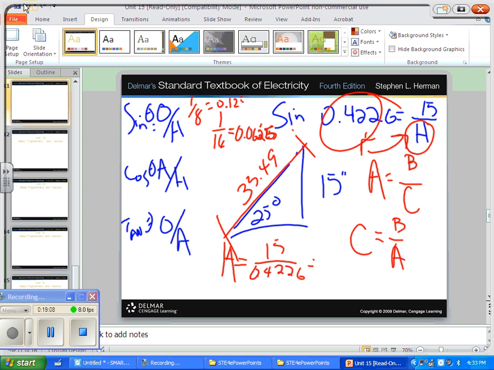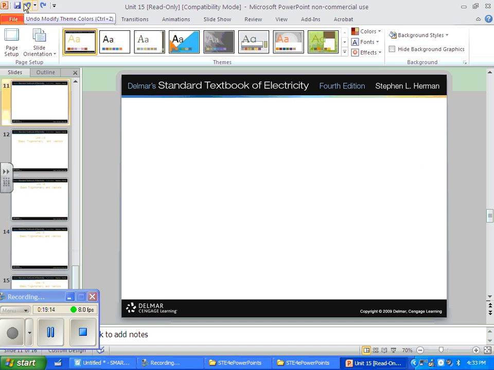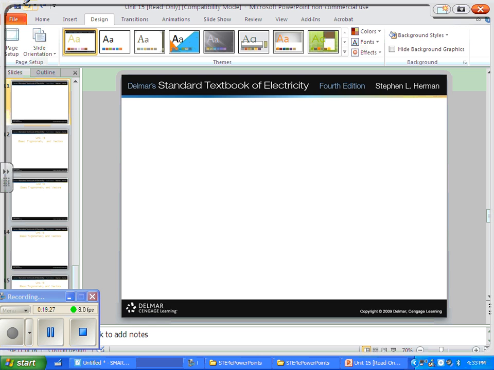Now, the other example is when we're looking at any kind of AC calculation, nothing adds up. We talked about in the past where we had pure DC resistance. I think we talked about that today, didn't we?